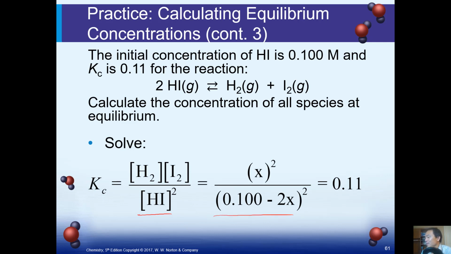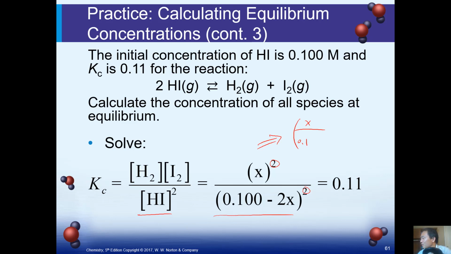All right, now you have to solve the quadratic. After you solve the quadratic, do remember, I can rewrite this thing, right? If you rewrite this thing, actually some students will get this wrong, okay? It's x over 0.1 minus 2x, because you have the same exponents over here.